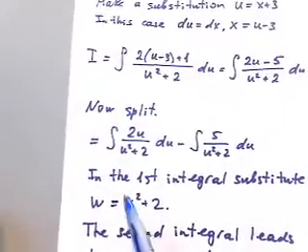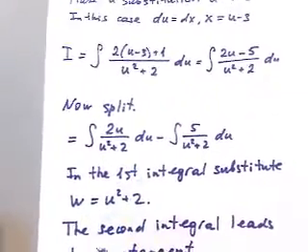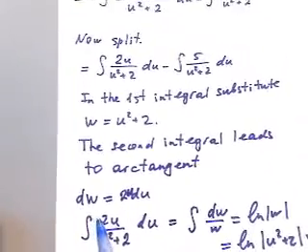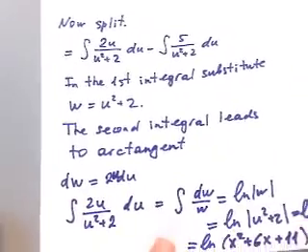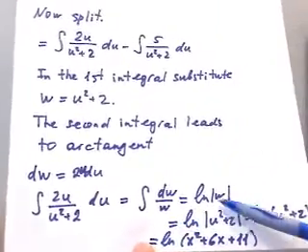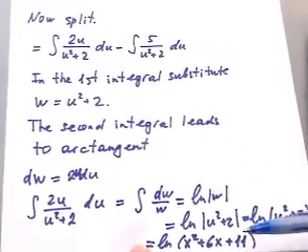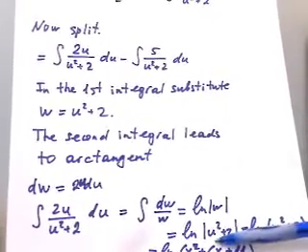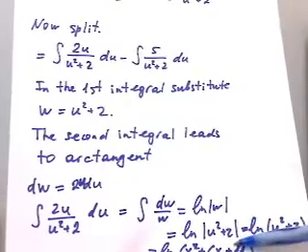So make a substitution, w equals u squared plus 2 here. dw is 2u du. Make the substitution. It leads to a natural logarithm of absolute value of w. Now back substitute u. w is equal to u squared plus 2.